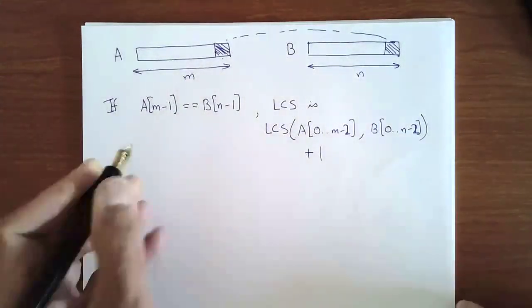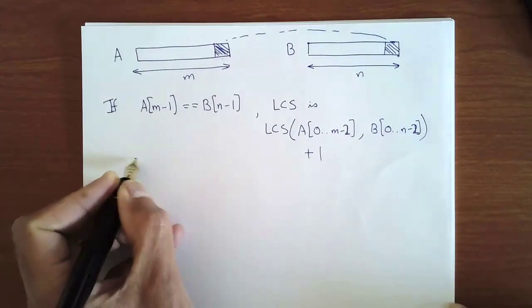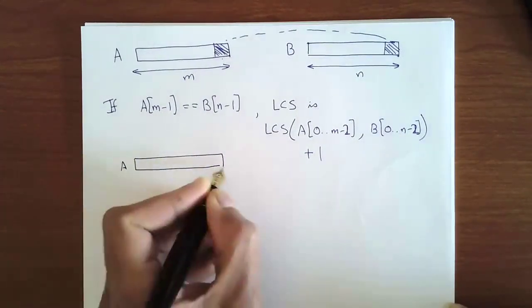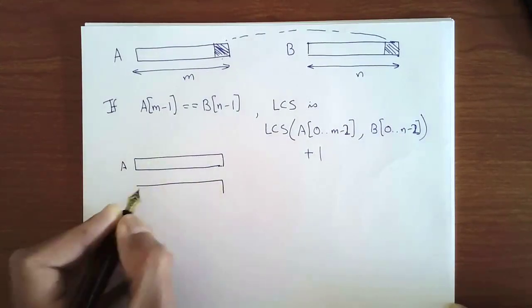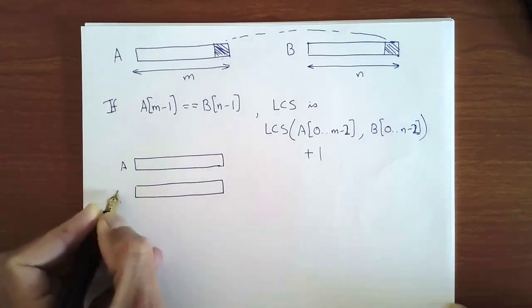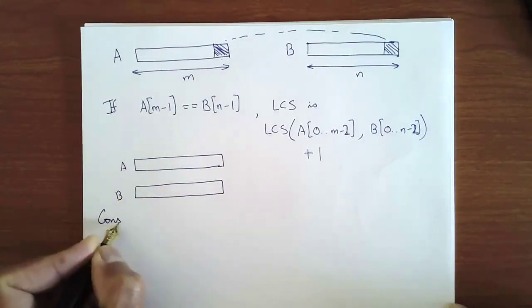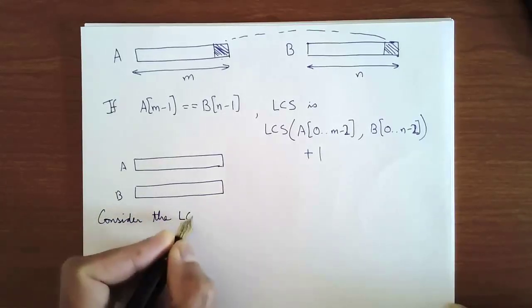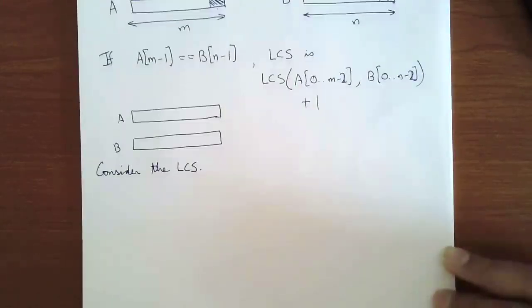So maybe it's worth explaining this. So here's what I'm saying. Suppose you take A and B, and you consider the LCS.